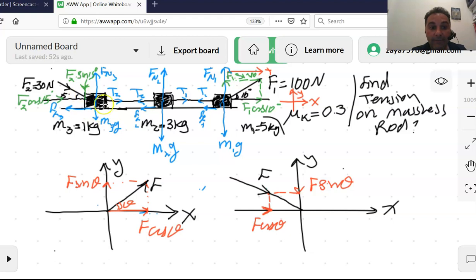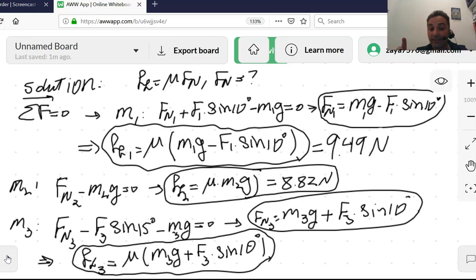So in F3, in M3, your pushing downward force increases. That's why friction force increases. Remember, when you move your lawn mower, you actually need more force to move it forward, correct? Why? Because of this plus. So you increase friction force.